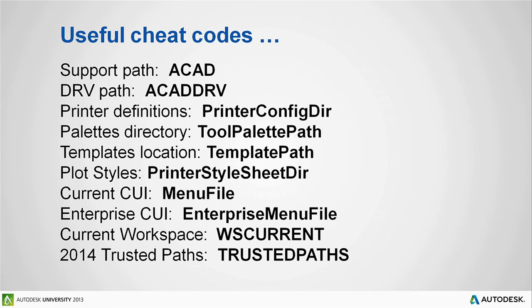I have no restriction like that here. Basically, the user cannot possibly screw up where the printer definitions are or the plot styles or anything as far as I'm concerned. I point it off to a network so that I maintain all of those files globally in one network location. Same logic.